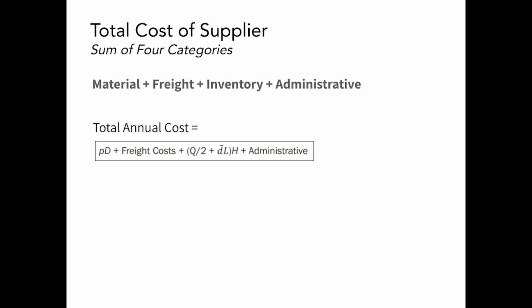Together, these components form the TC, providing a foundational model for evaluating and selecting suppliers. As we proceed, we may expand this model to incorporate additional factors, further refining our approach to supplier selection and emphasizing the importance of a holistic view in supply chain cost management.